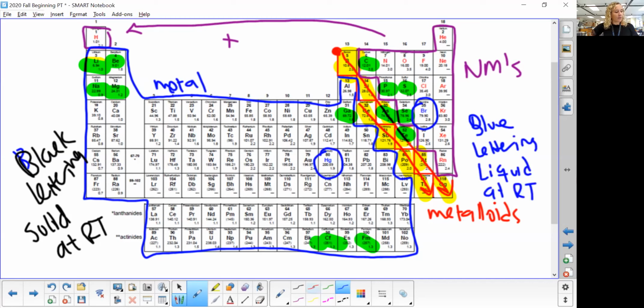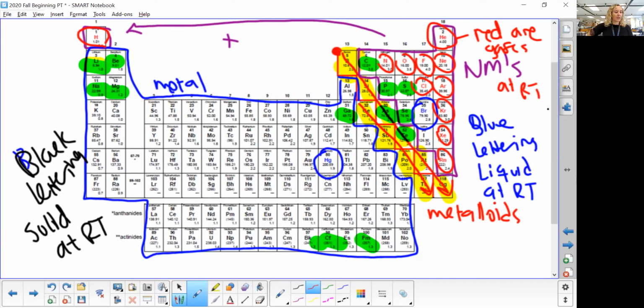Then if you have red, like hydrogen, helium, nitrogen, oxygen, fluorine, neon, all your gases are sitting over here. You've got column 18, which is your noble gases, which we'll talk about here. And so the red are gases at room temperature.